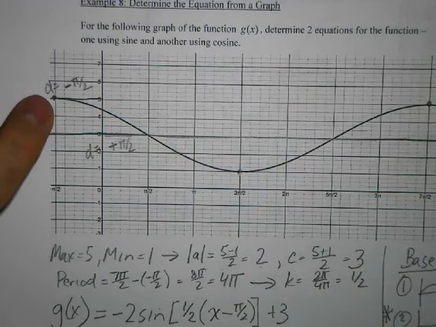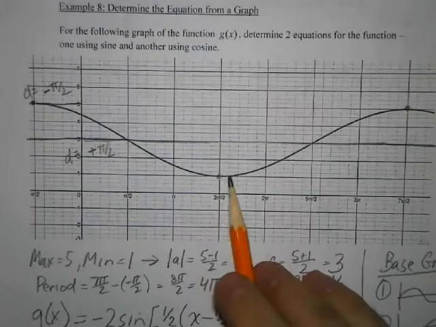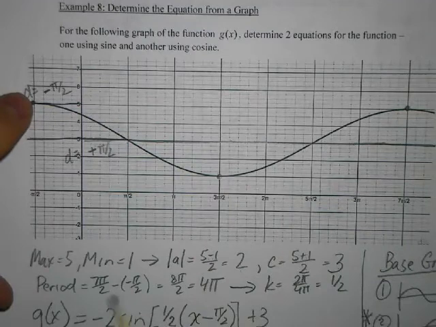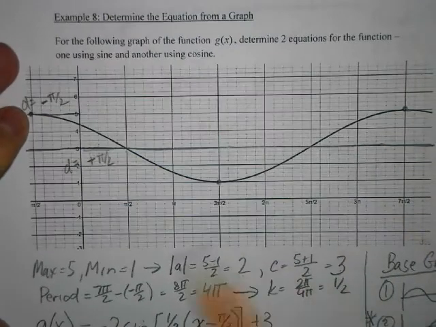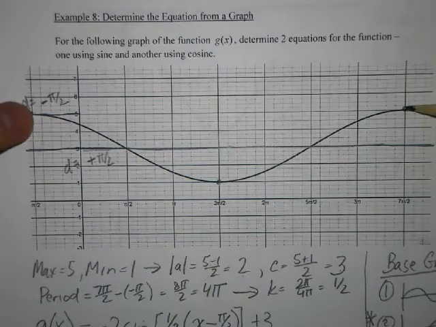Okay, so I look at my graph and I say, well, I've got 2 maxes, I've got 1 min. So I can't really work with the min because I don't know where the next one is, but I can figure out, I know I have a max at 7 pi by 2. I have another one before at negative pi by 2. So what's the distance there?